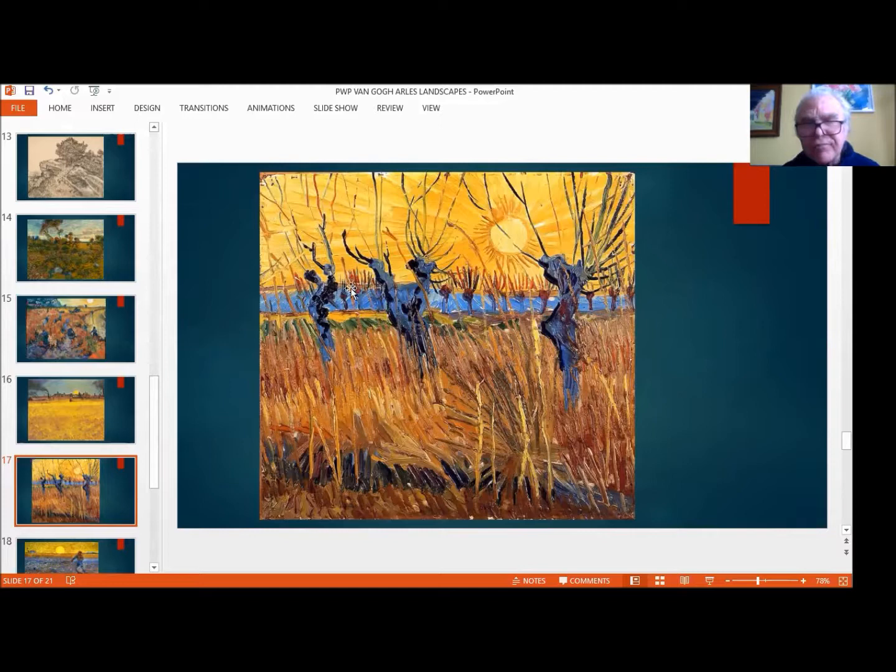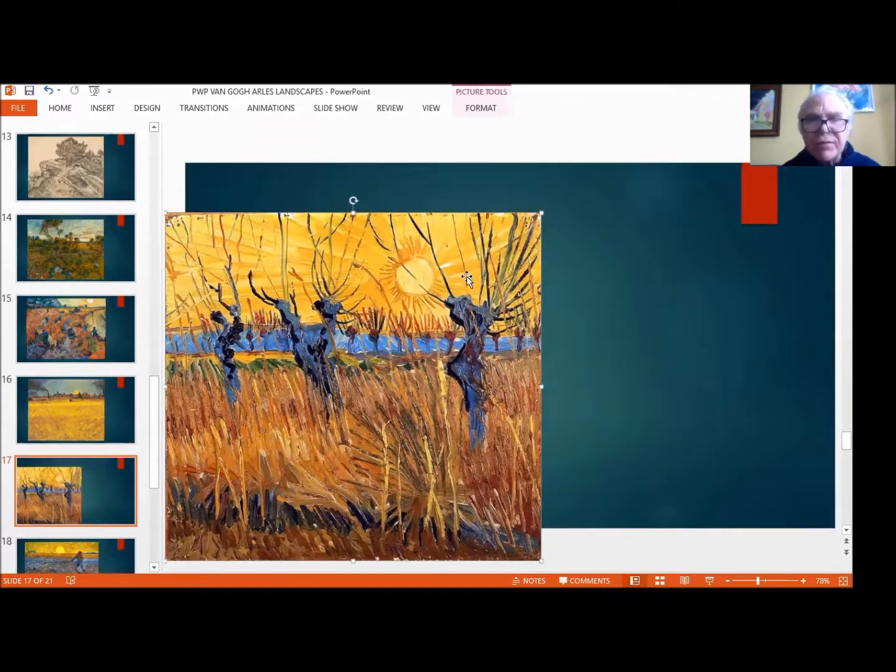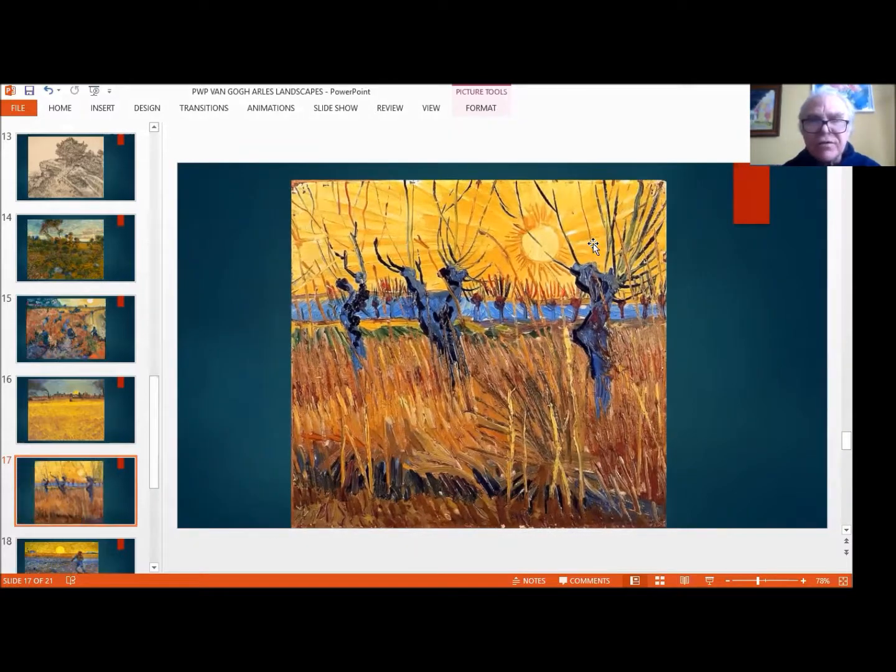trees here, and the rays of the sun are described with very thick paint, brushed outwards, and the paintings start to take on not so much a descriptive feature of landscape, but what's beginning to happen is they're beginning to take on a symbolic aspect.